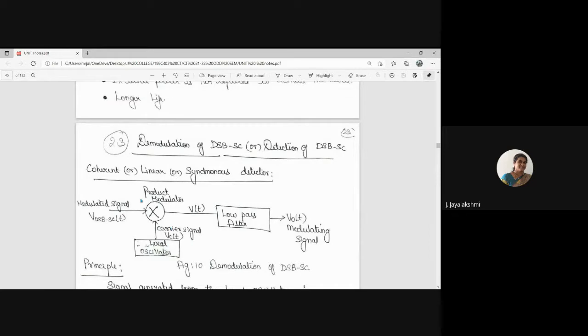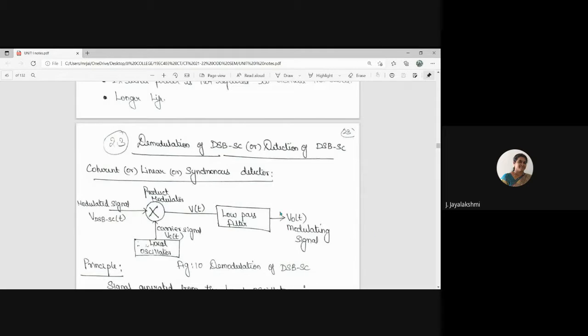That signal is multiplied by means of a product modulator with the AM modulated signal, and this product modulator is going to detect the envelope of the modulated signal, which gives you the V of t signal. That is going to be your transmitted signal, and passing it into a low pass filter will give you the modulating signal.